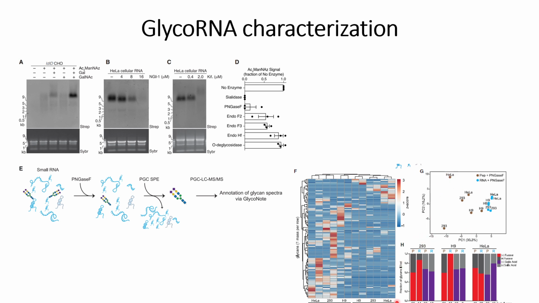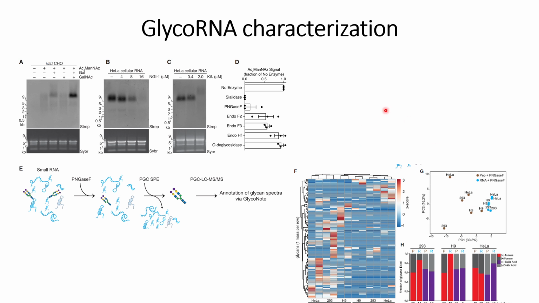Next they characterized the glycans by composition, and they found that in 293 cells there are more fucosylated glycans in the RNA compared to the peptide, whereas in HeLa cells there are more sialic acid glycans on the RNA compared to the peptide.